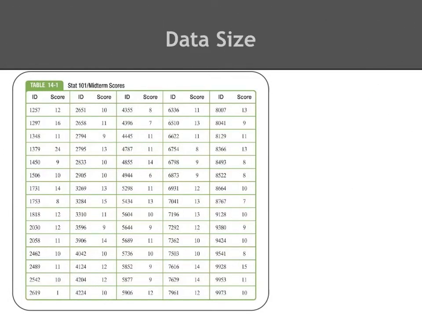We can find the size of the data set in Table 14-1 by counting the number of students who took the test. There are 15 rows and 5 columns in this table. We can find the product of these values to find the size of our data set, which is N is equal to 75.